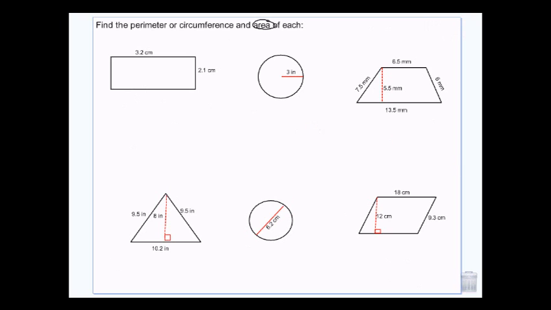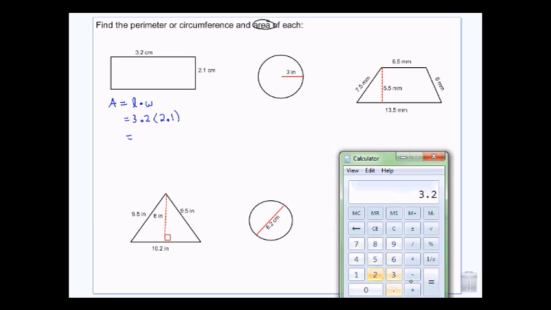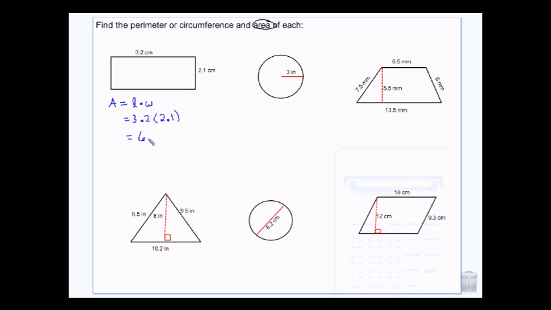Area of rectangle is, so I can do 3.2 times 2.1. 6.72. And those are square centimeters.